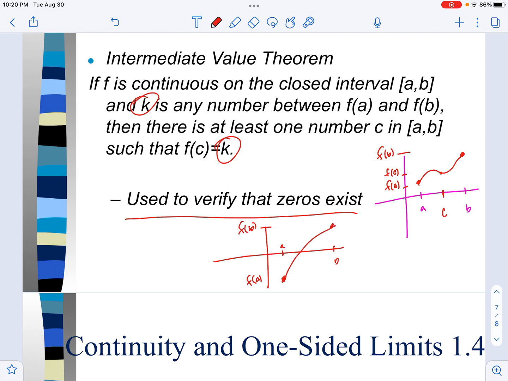Well, if I know that f of a is negative and f of b is positive, then some point here it has to cross the x-axis. So it has to have a 0. This would work the other direction as well. If you had your f of a above the x-axis and f of b below, as long as one is positive and one is negative, then we know some point in between there, it has to cross that x-axis. So it has to have a 0.